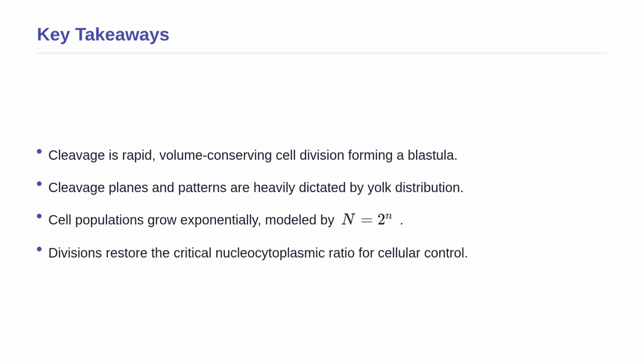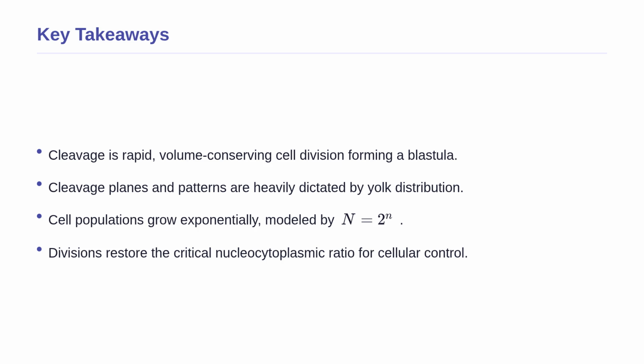We have covered a lot of ground today, so let us summarize the most important ideas. First, cleavage is a unique, rapid form of cell division that conserves total volume while transforming a single zygote into a multicellular blastula. Second, the physical geometry of these cuts, the planes and patterns, are heavily dictated by the amount of yolk acting as a physical barrier.